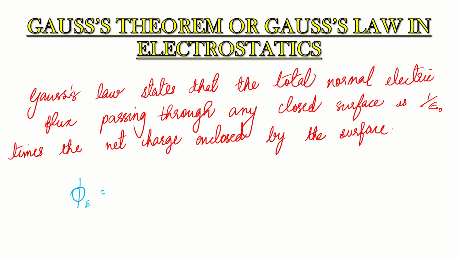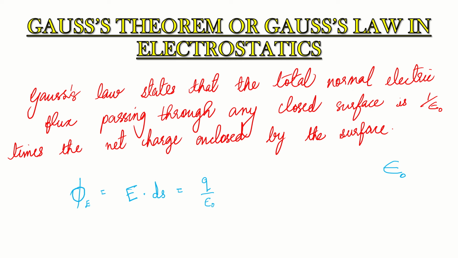Phi is equal to the integral of E dot ds, which is equal to Q by epsilon naught. This epsilon naught you write as epsilon with a subscript 0. So, phi is equal to the integral of E dot ds, which is Q by epsilon naught. This is all about Gauss's law.